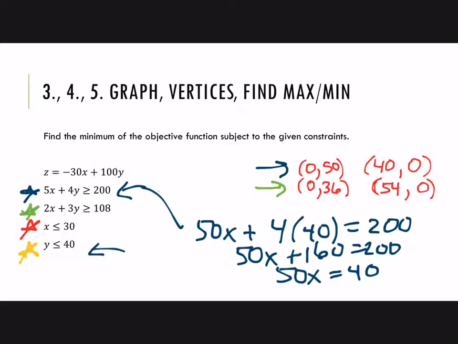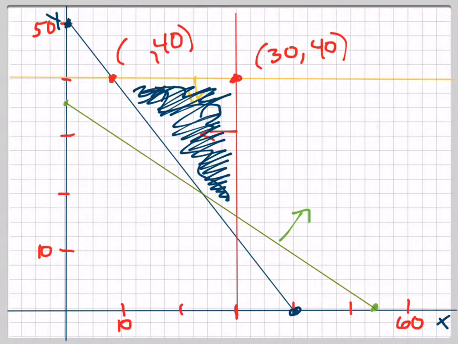Oh, sorry, I first said 50x, that seemed a little bit off. Okay, there we go. And divide by 5, x equals 8. Okay, so that's the point (8, 40).